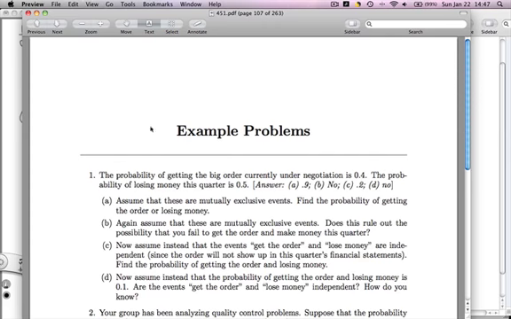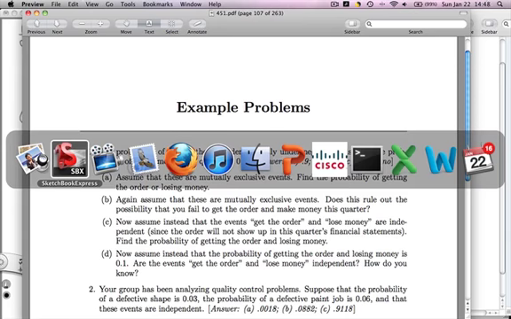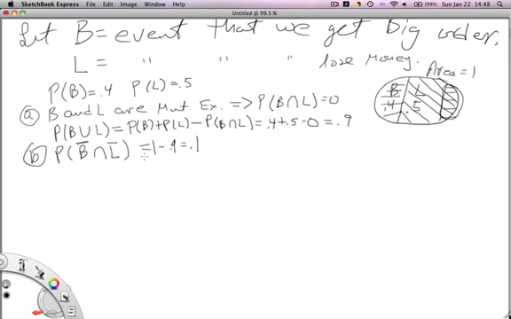Now assume that instead the events get the big order and lose money are independent, since I guess if we get this big order, it doesn't show up until the next quarter in our financial statements. What is the probability of getting the order and losing money? In general, you want to write down the implications of the given. You're told that B and L are independent.